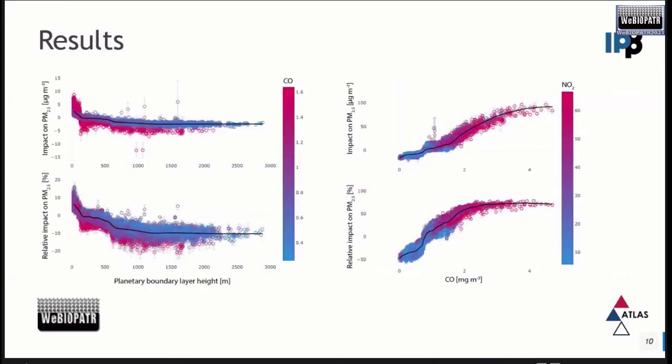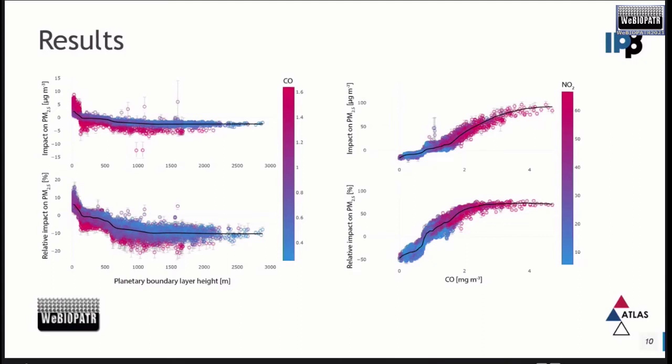The second example represents the analysis of air pollutants and meteorological data from Novi Sad in the period from 2018 to 2020. The left diagram shows three regions of the influence of planetary boundary layer height on concentrations of suspended particles PM2.5.